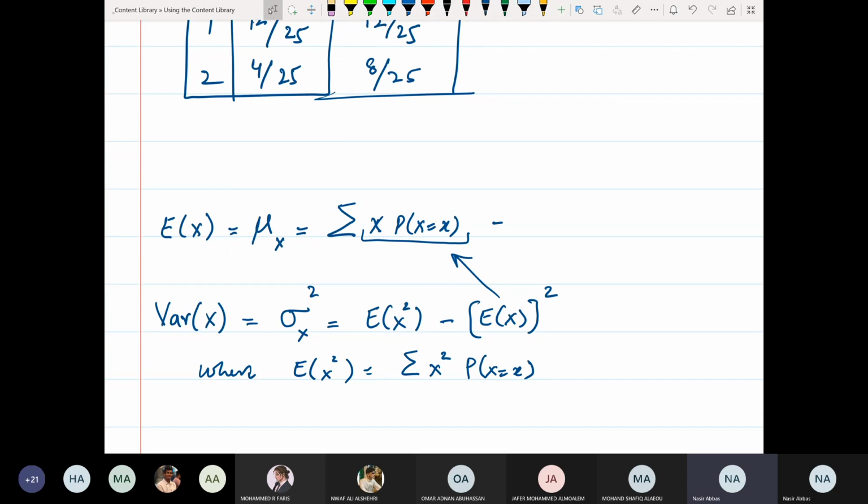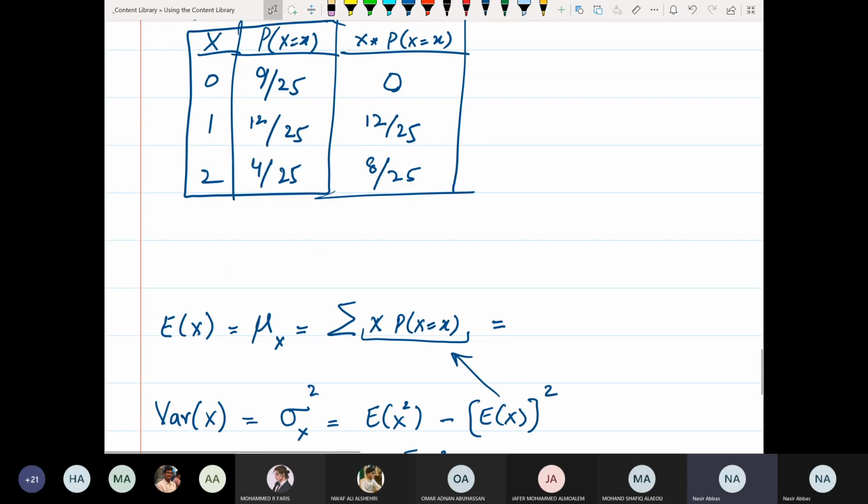So my mean is the sum of this column, and the sum of this column is 20/25. Which is 0.8. Yes. Okay, so this is 0.8.